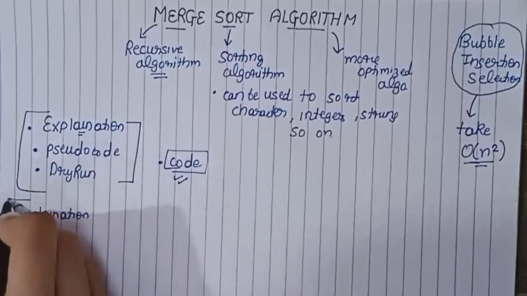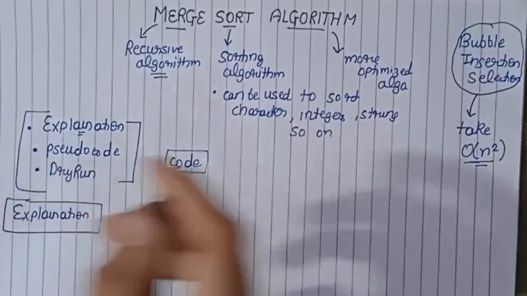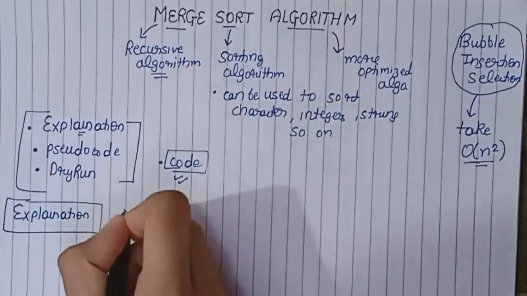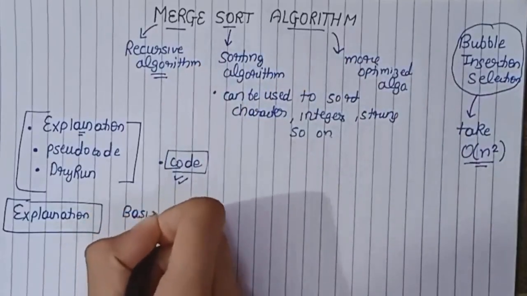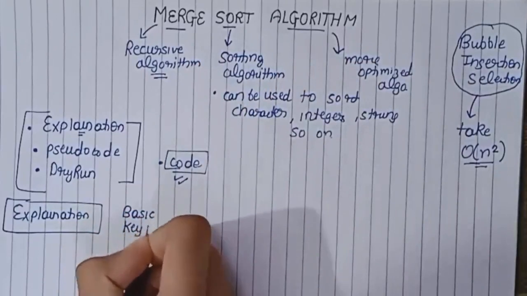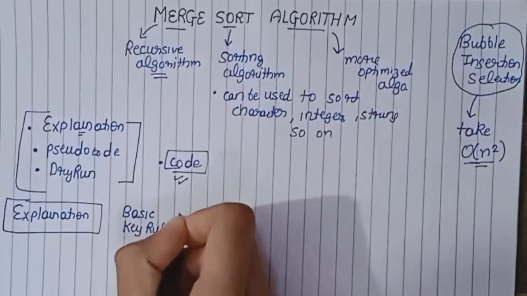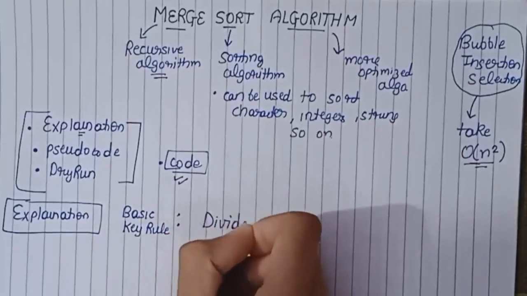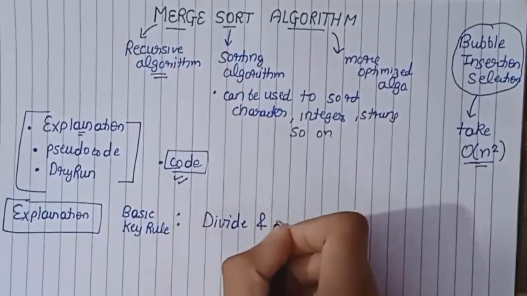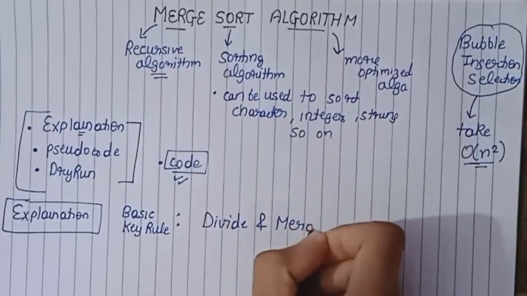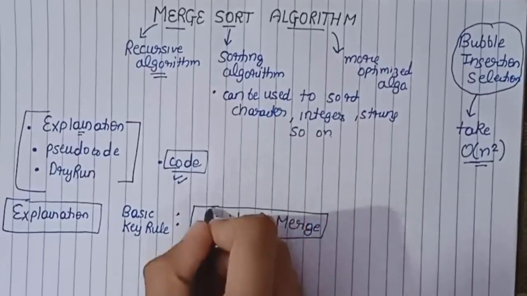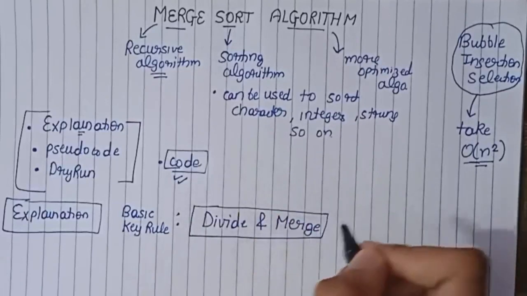You need to remember the basic key rule on which the merge sort algorithm works. The basic key rule for the merge sort algorithm is that to sort arrays it uses the game of divide and merge. It uses the concept of divide and merge.